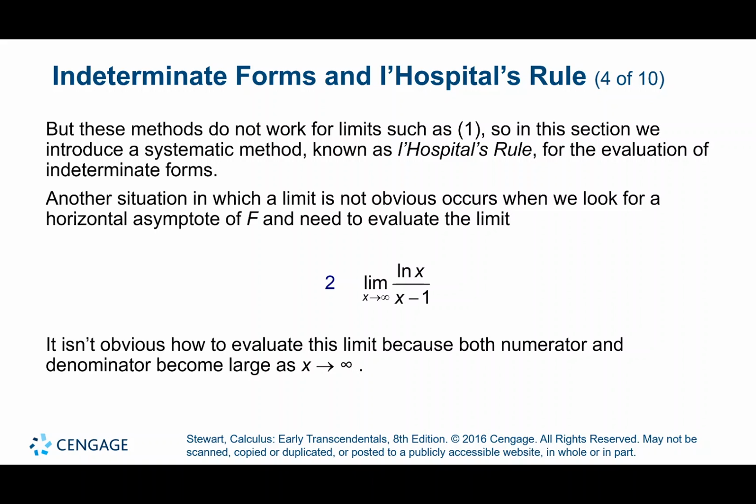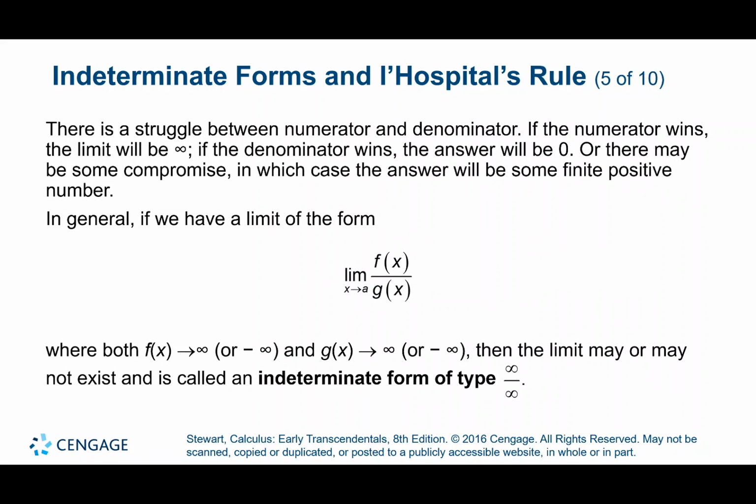On the top, we've got natural log of infinity, but even though the natural log grows really slowly, it does tend toward infinity. So in this case, we have infinity over infinity. So that's another indeterminate form.